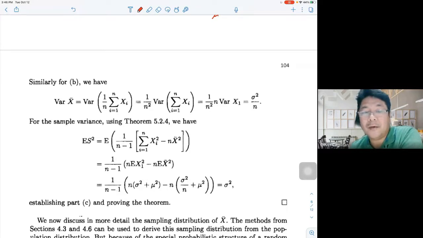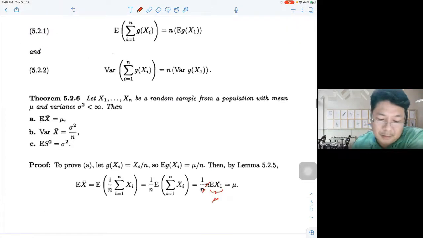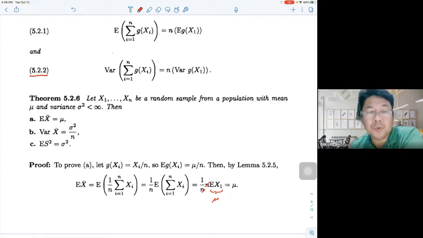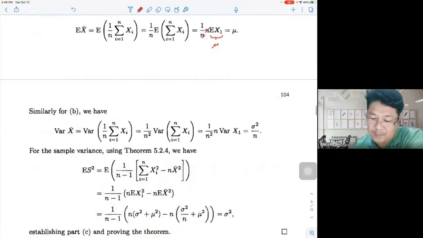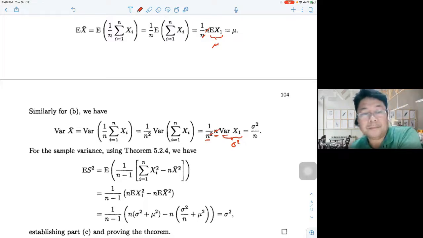And then using this lemma, in equation 5.2.2, that's n times the variance of the function g. So 1 over n squared times n times the variance of x sub 1. Since we know that the variance of x sub 1 is sigma squared, this cancels, and what is left is sigma squared over n. So we're done with letter B.